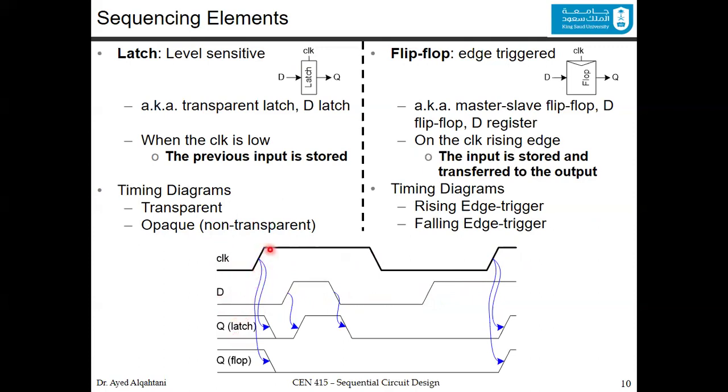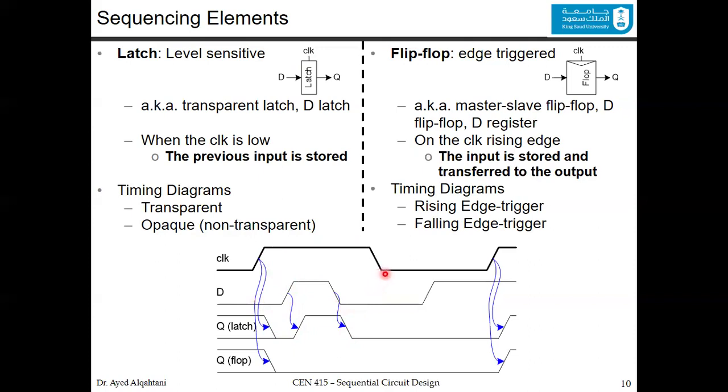Once you have the clock high, during this whole level, whatever input you have will show up in the output after a certain delay. This is why we call it transparent. So when the clock is high, the Q sees the D completely, transparently, without any interruption.